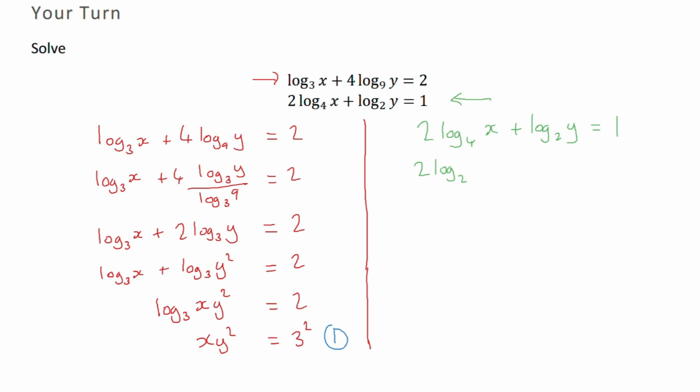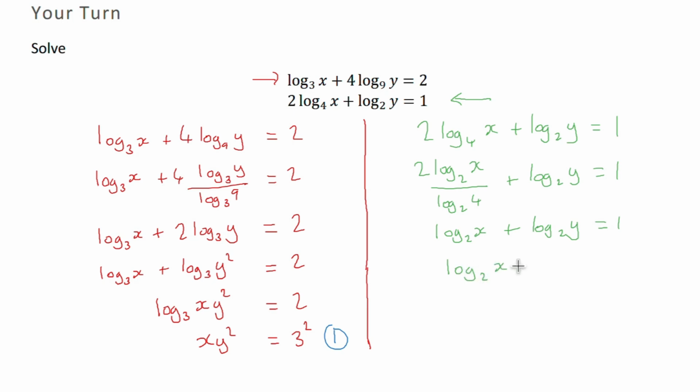So 2 log base 2 of x over log base 2 of 4 plus log base 2 of y is equal to 1. Log base 2 of 4 is 2, so the 2s are going to cancel, so we're left with log base 2 of x plus log base 2 of y is equal to 1.